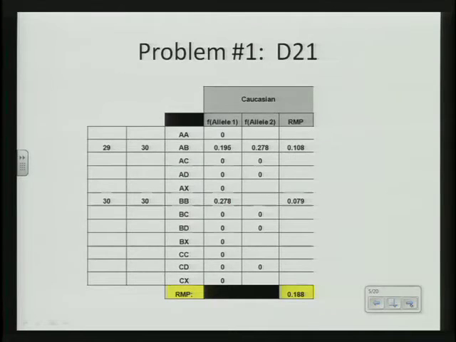That's one of the options, or 29-30 with the 30-30. And that basically translates, you still only have 2 potential genotypes that are contributors, but there's different ways you can get there. There's 2 different combinations that give you those 2 genotypes. So then you do the typical 2pq and the p squared plus p times 1 minus p times theta. You get your RMPs, and then you sum those down, and you get the 0.188 at this locus.